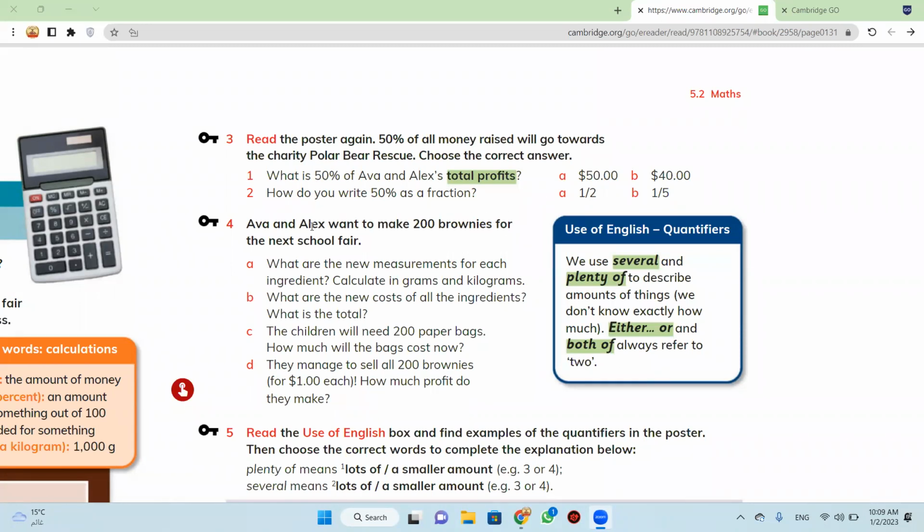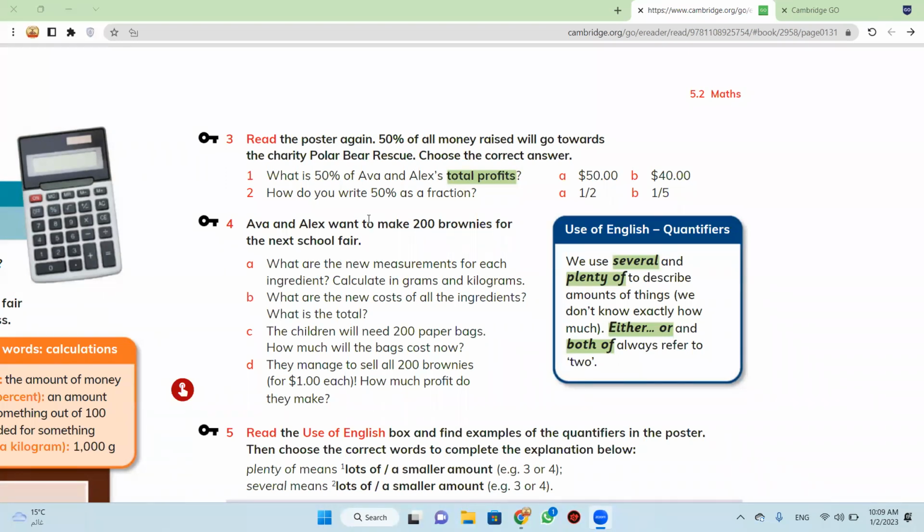Now let's move to activity number 4. Who wants to do this one? Yes, Ahmed, can you read activity 4? Ava and Alex want to make 200 brownies for the next school fair.